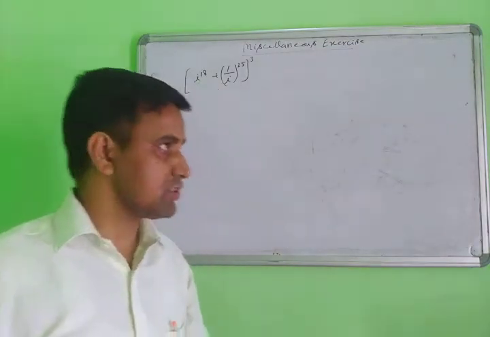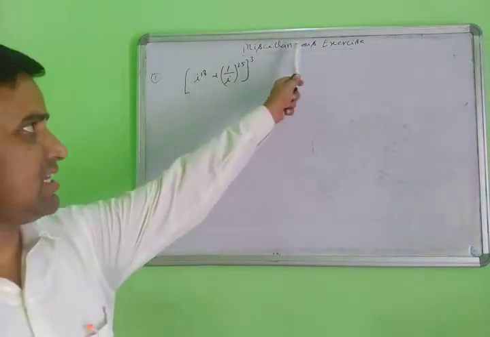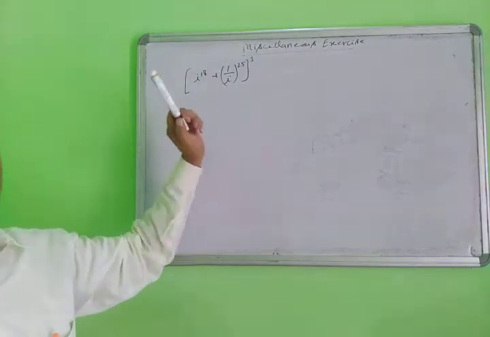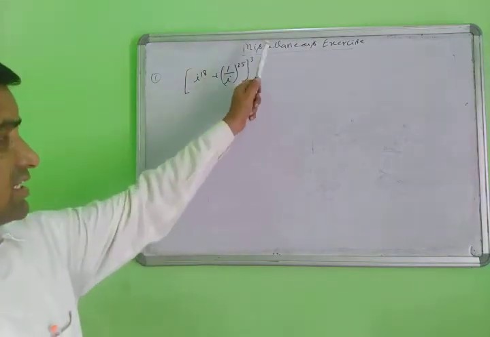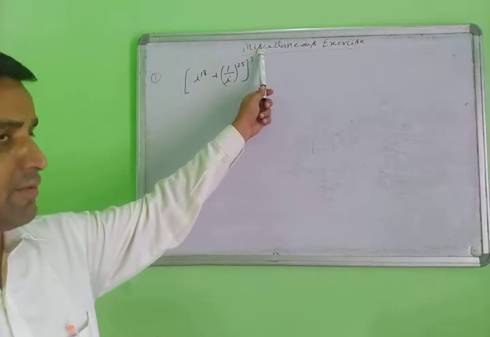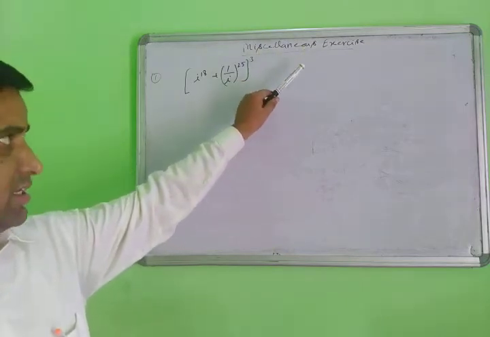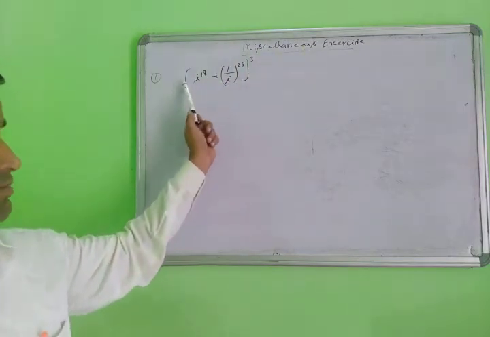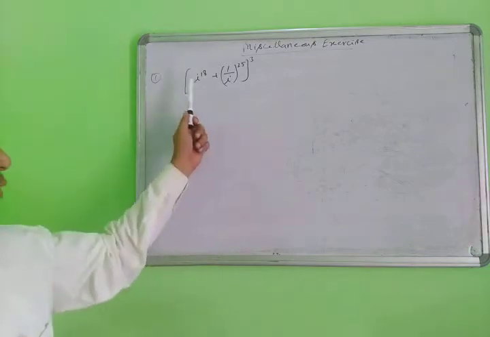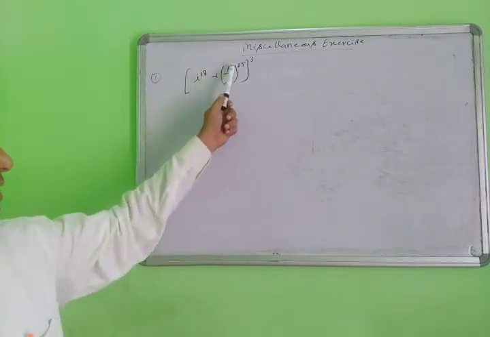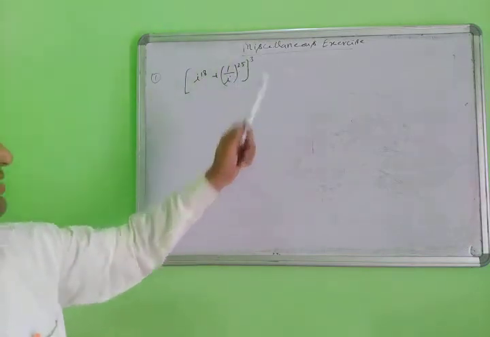Yes, students. Next I am taking question number 1 of this exercise. This is an important question from the mixed exercise 5.1, 5.2 and 5.3. It is iota 18 plus 1 upon iota 25, whole power 3.